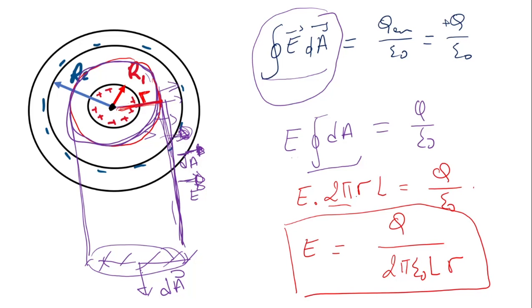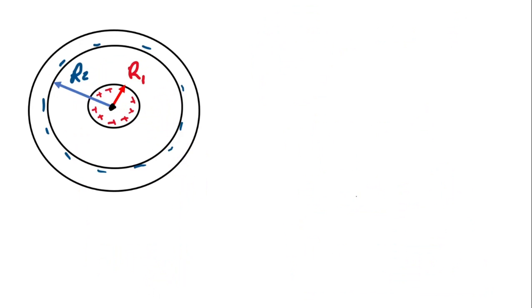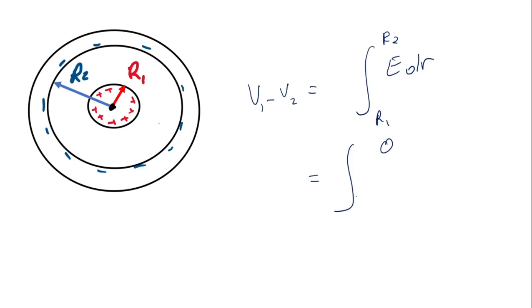Once we find the electric field using Gauss's law, the electric potential V1 minus V2 is the integral of E dr between R1 and R2, where E is Q over 2 pi epsilon 0 r times the length of the cylinder.